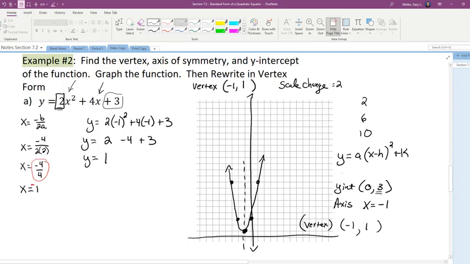So we know we have y equals 2. And we know our vertex moved to the left 1, and we know it always moves in the opposite direction. So since it went to the negative 1, we know this had to be x plus 1. And then it went up 1, and so we have our squared there. So we know that our vertex form would be this.